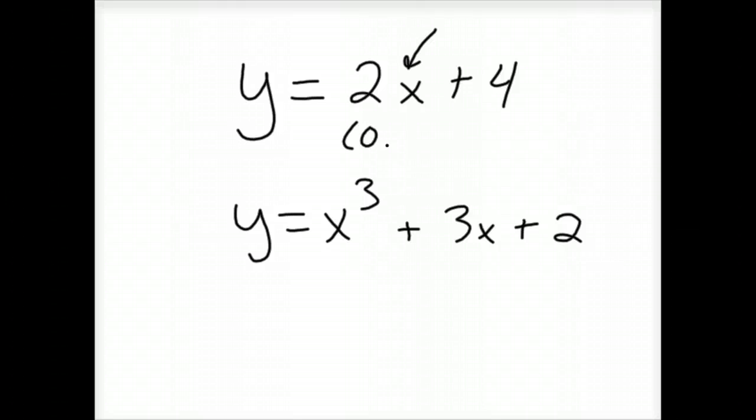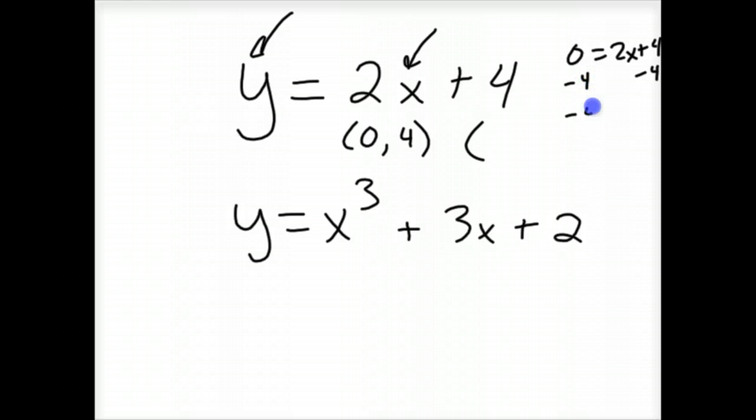So (0, 4) would be your y-intercept. And your x-intercept, you plug a 0 here, and so you'd have 0 equals 2x plus 4. You'd subtract the 4 over, and so x equals negative 2. So that would be (-2, 0). And so there's your x and y intercept, and you could graph that.